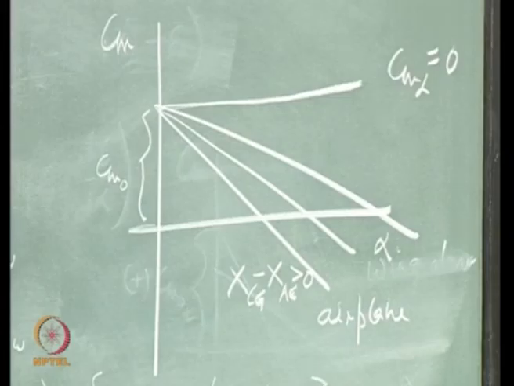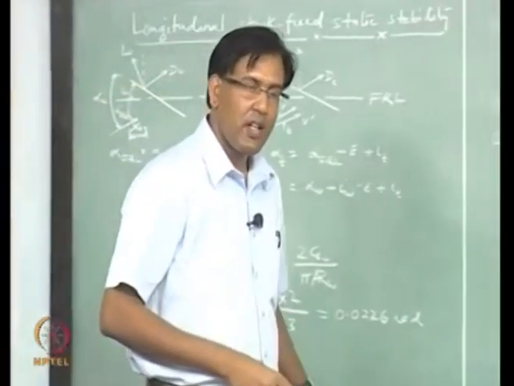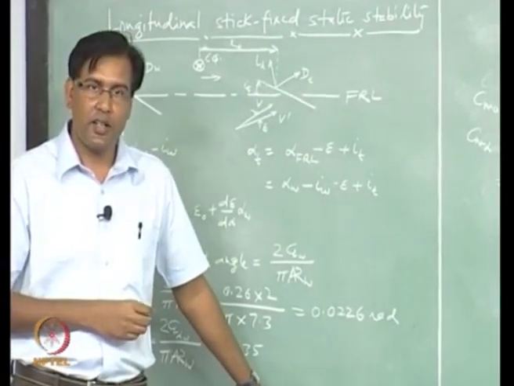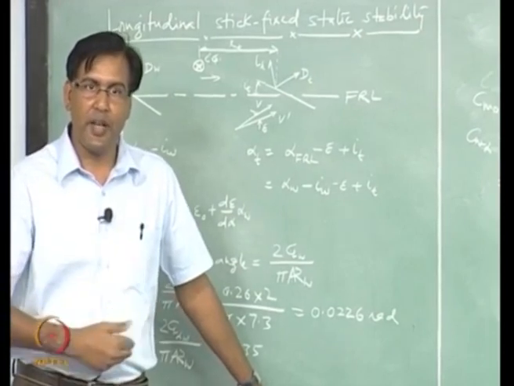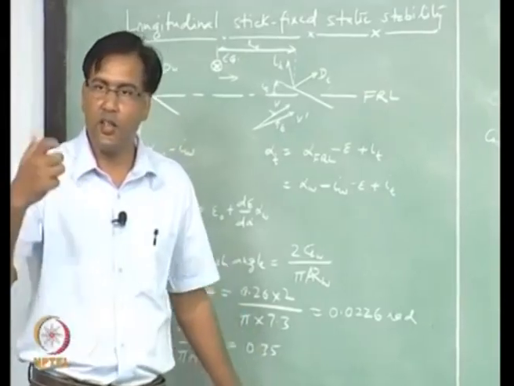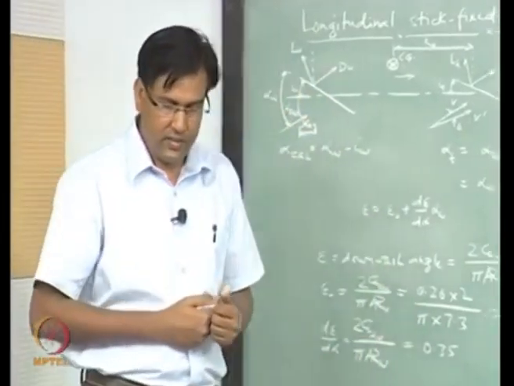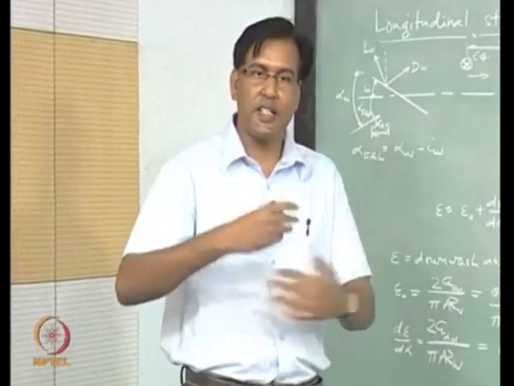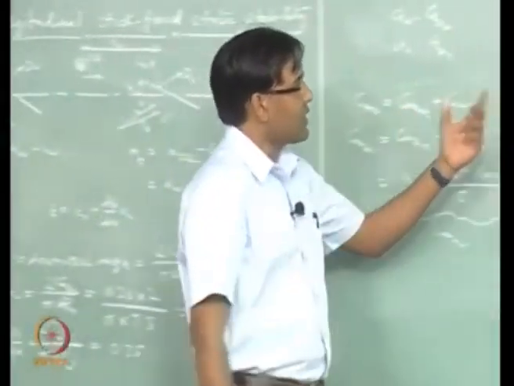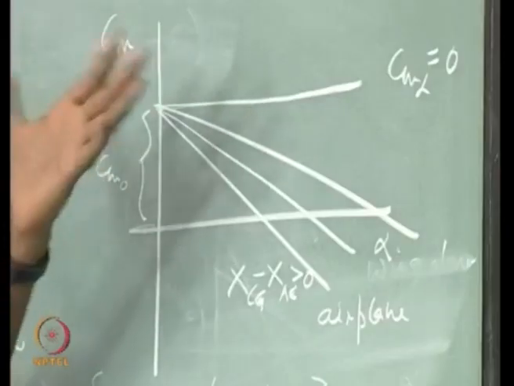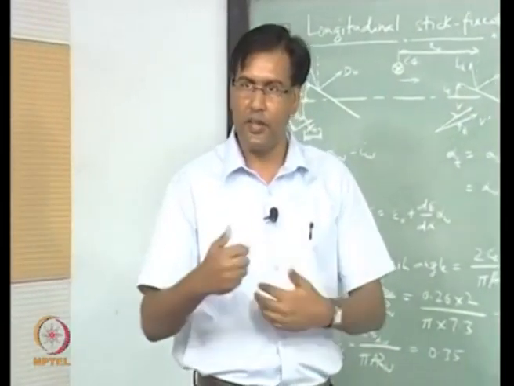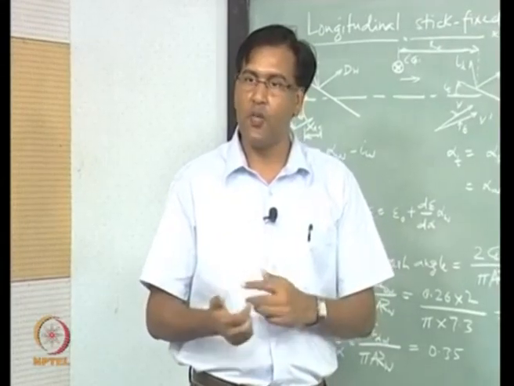It is a fact that CG is going to move because we have fuel on the aircraft which is going to be depleting, right, and there are also passengers moving on the airplane, but we will not bother about that. But one thing is sure, that fuel is going to get depleted, right, and what else?